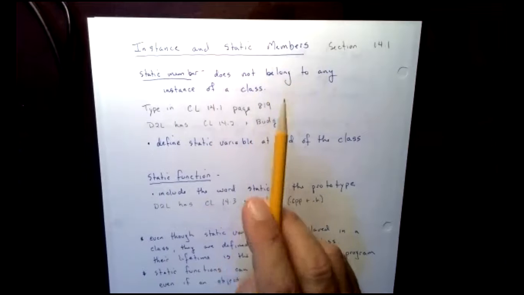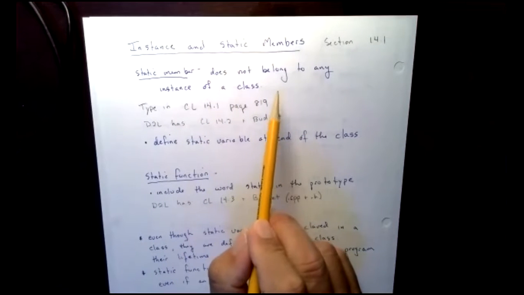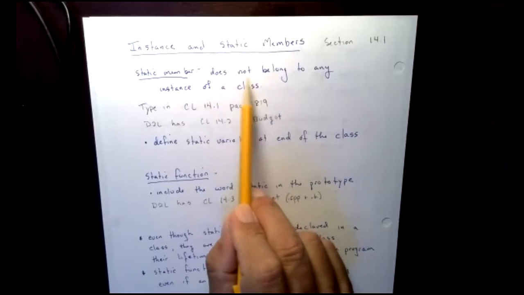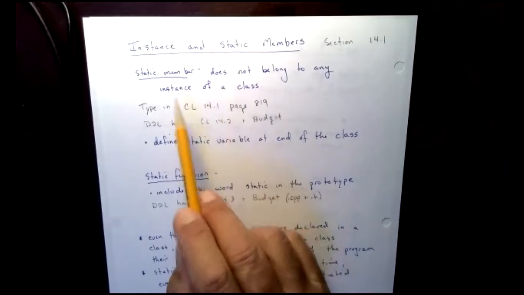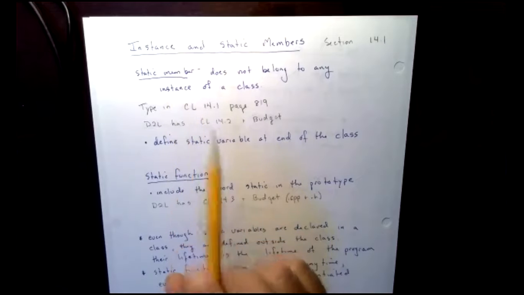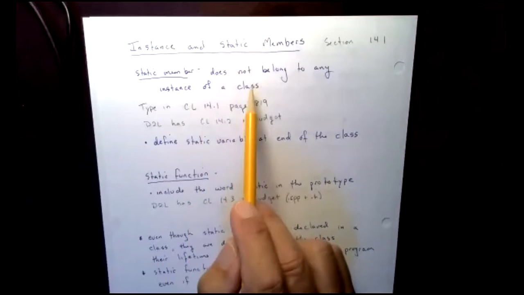Lots of big words. I'd have the door open if we were in the classroom, because people would walk by and hear us. Yeah, we're looking at a static member. It doesn't belong to any instance of a class.